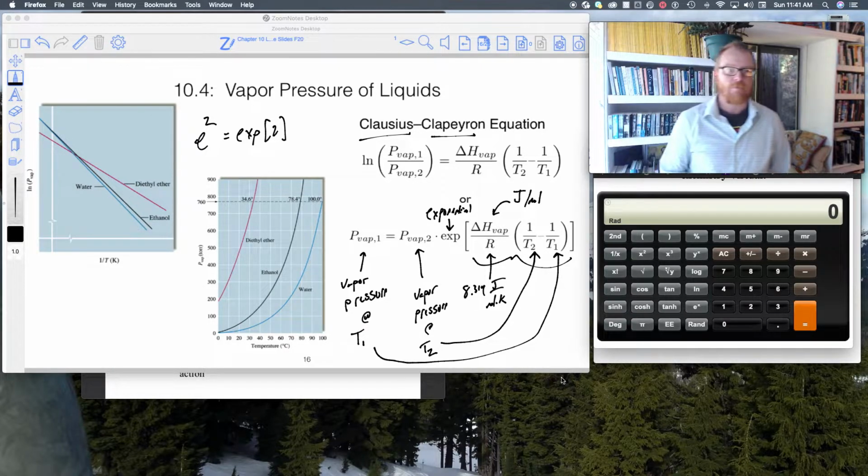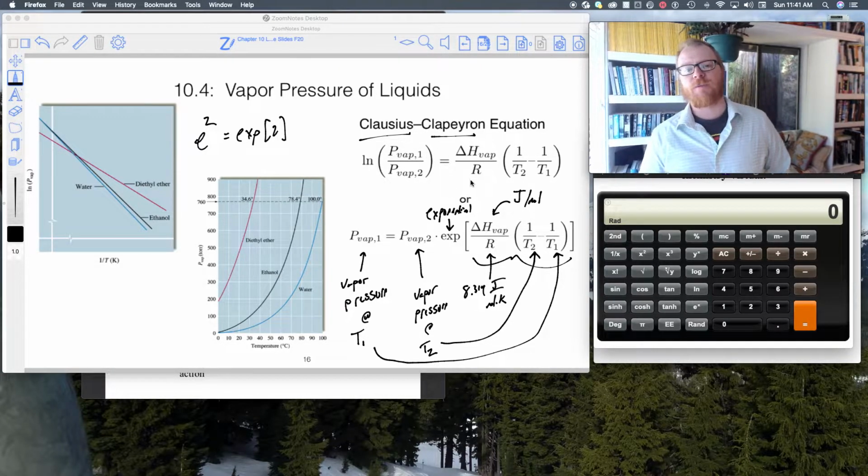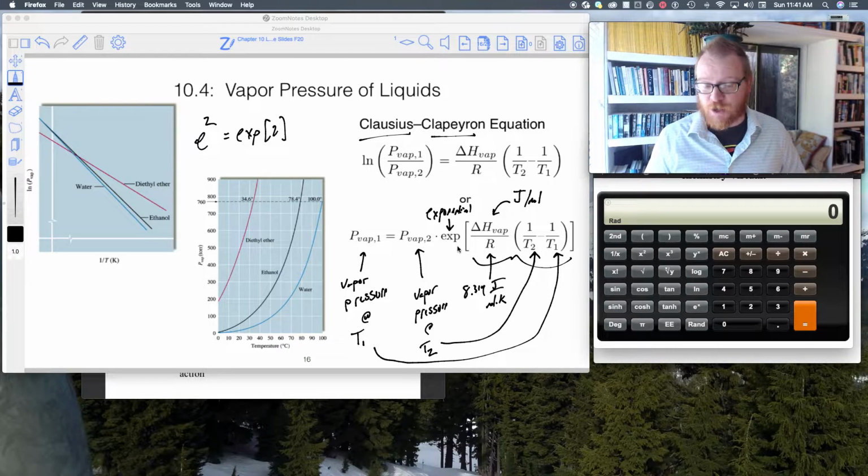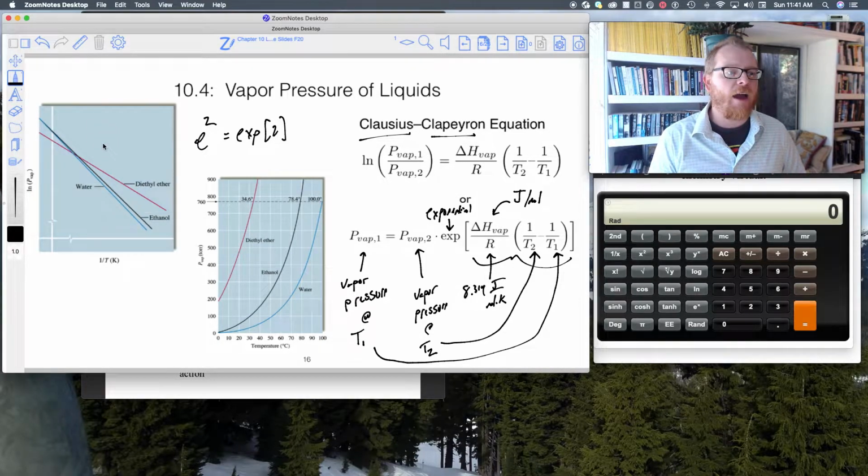Okay? So now what about this version of the equation? Well, both of these versions are the same. This version is just a little bit of algebra. If you divide vapor pressure over to this side and take the natural log of both sides, you get this equation. Now if you plot the natural log of vapor pressure versus 1 over temperature, you get a straight line.